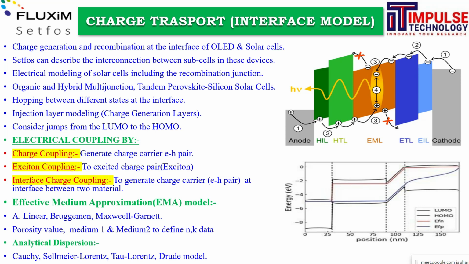So we have Linear, Bruggeman, Maxwell-Garnett, where you can define the porosity, medium 1 and medium 2, and set the nk values, along with analytical dispersion models like Cauchy, Sellmeier, Lorentz, Tauc-Lorentz, and Drude models, which are required for optical solar cell thin film simulations.